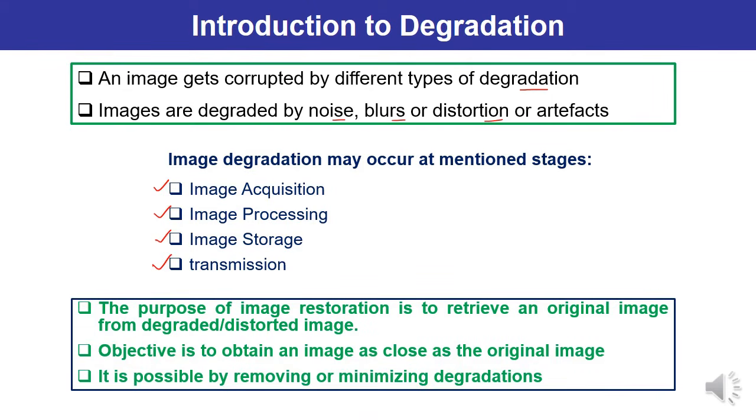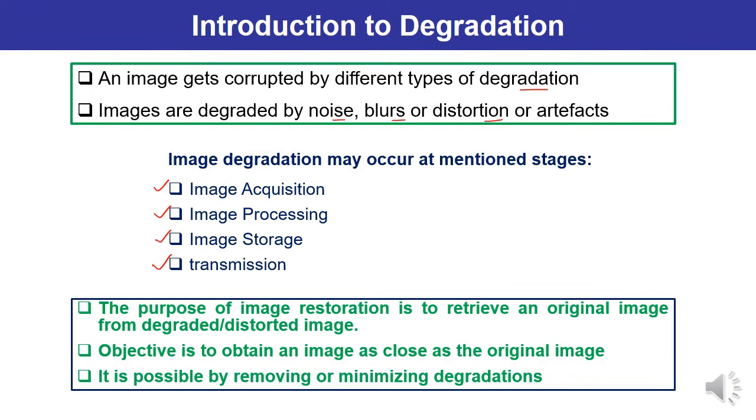Now, what is the purpose? How to restore the original image? Once you have taken the image as an input, and if there is any degradation in the image quality, your objective must be to recover the original image, almost in the same manner as it was available in the input.